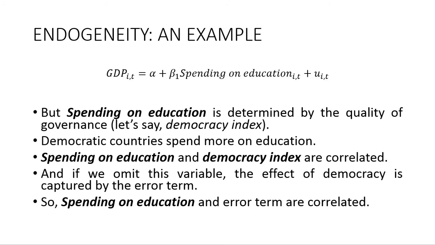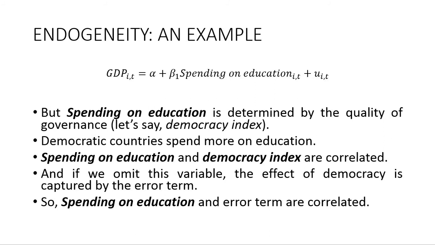However, spending on education is determined by a hidden variable which is not included in this regression model. And this variable is the quality of governance or democracy index. Because the democracy index is something that actually exists, and of course you can use it for your regression model.